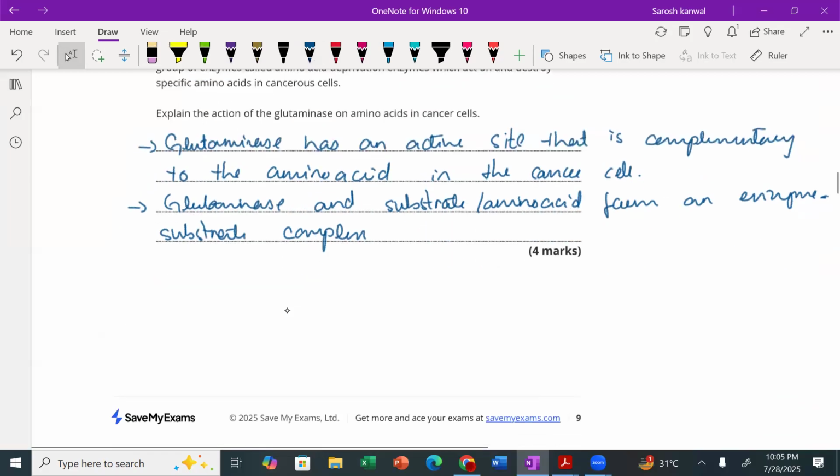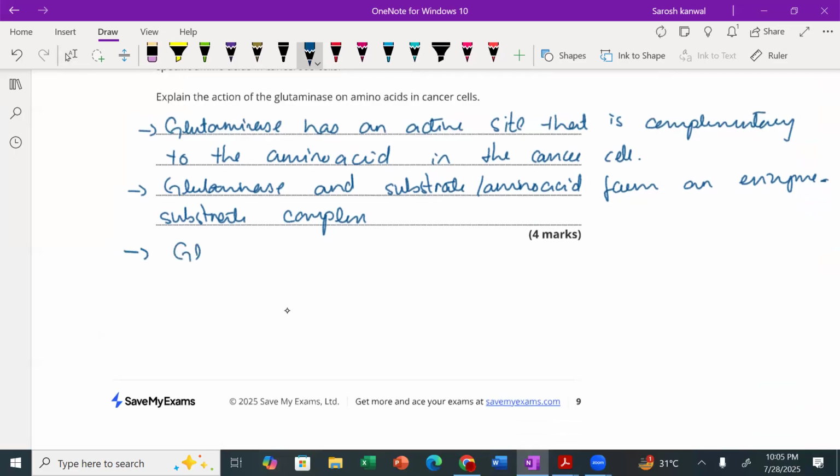Then the glutaminase catalyzes the reaction.